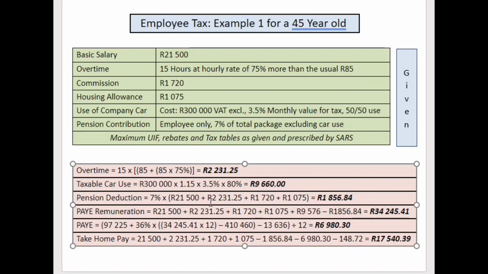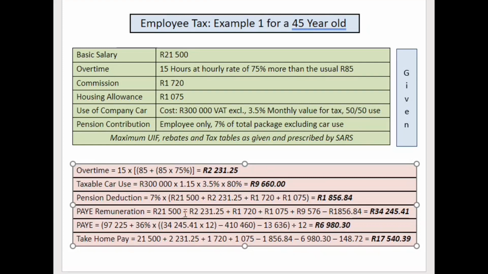So we take the 21,000, we add the overtime amount, we add the housing allowance, we add the commission, and we come to a total there of 1856.84.